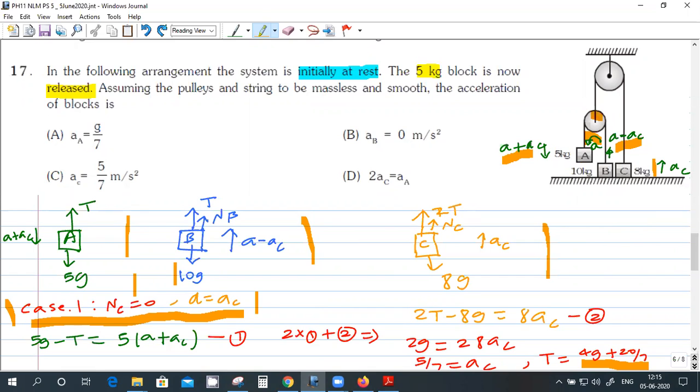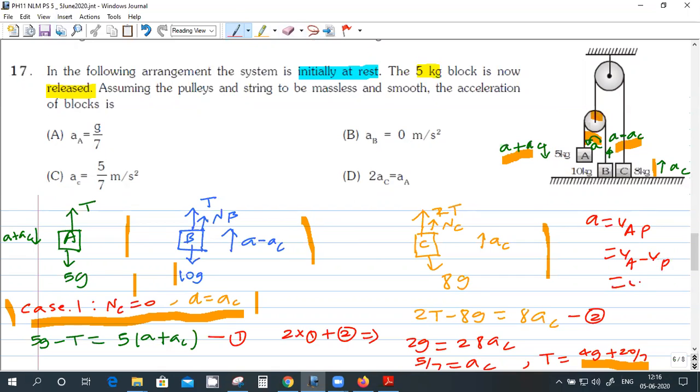Okay, because this is an important thing. You have to realize that A equal to AC, and acceleration of B is 0. See, A is the acceleration of A with respect to the pulley. So this is velocity of A minus velocity of pulley.